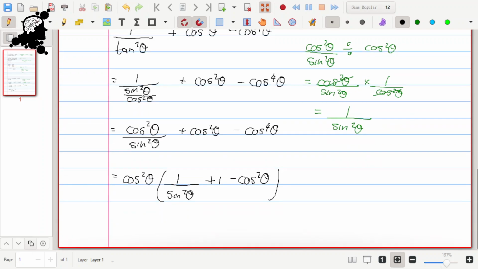Now you would remember from your identities that 1 minus cos squared theta is a special identity that's going to give us sine squared theta. So I could just go ahead and replace it. I could say this is cos squared theta into 1 over sine squared theta plus sine squared theta. And by so doing, I have answered the question.